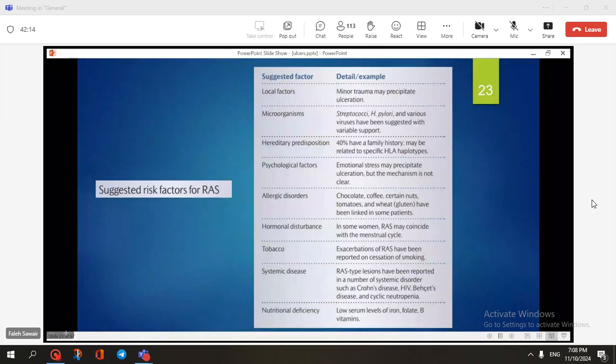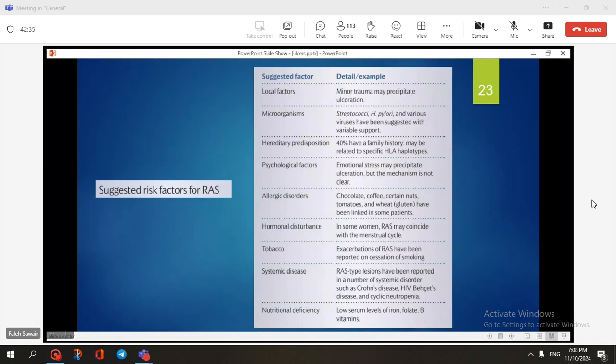Nutritional deficiency: patients with deficiency of iron, folate, or B12, for example, present with what they call aphthous-like ulcers, and once you correct the deficiency, the ulcers will disappear.